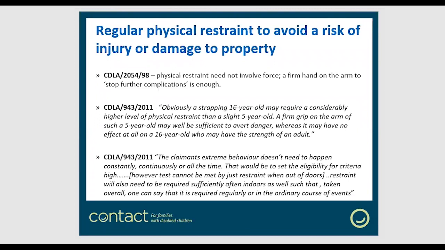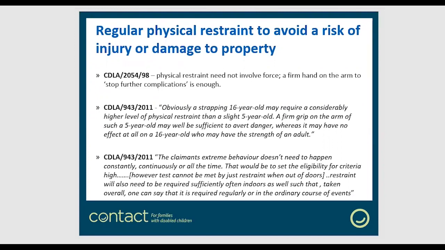This was set out quite well in a specific decision that says, arguing that extreme behavior and restraint is required constantly, continuously, or all the time sets the eligibility criteria too high. Essentially, your child should meet the test as long as it could be said that they require it regularly and in the ordinary course of events.